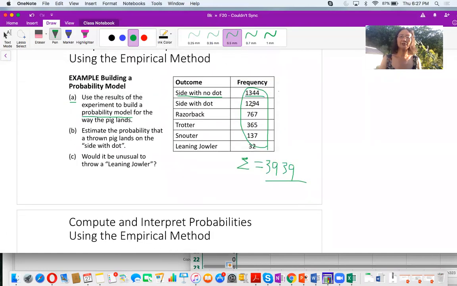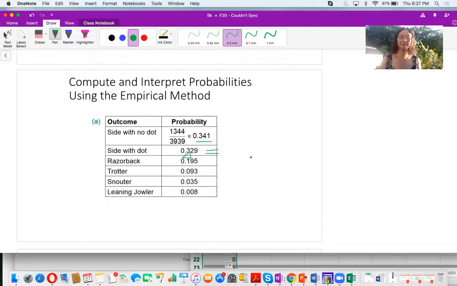You use 1,294 divided by 3,939. Okay, so keep on going, you get all the relative frequencies.